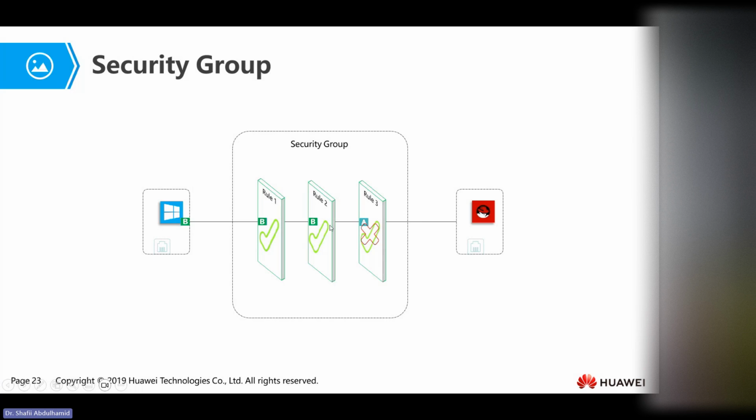Basically it has to pass through three different layers of security groups before communication can take place. If any of the rules do not allow the communication, it's not allowed, which simply means that the communication between the two machines cannot hold.